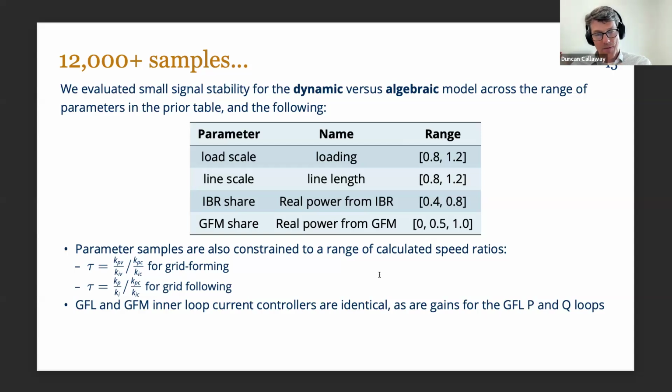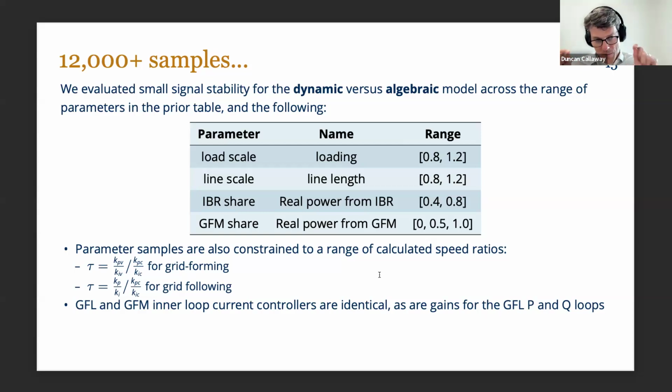And then we sampled from all of those different values, which wound up giving us over 12,000 different parameter combinations to execute a small signal stability evaluation for.